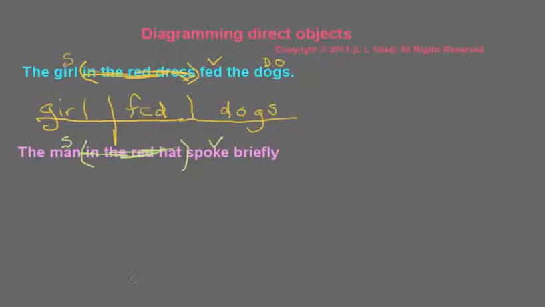Subject. Now, watch out. Man spoke whom or what? Now, don't tell me briefly. What does briefly tell you? It tells how he spoke. That's not what I'm looking for. I'm only looking for a whom or a what, and I don't have it.